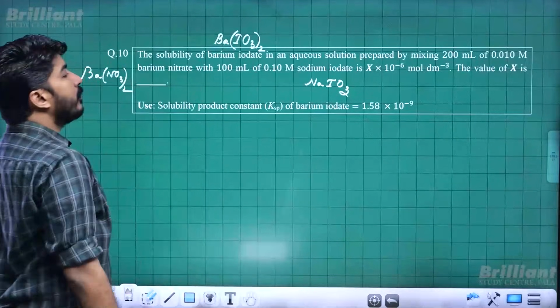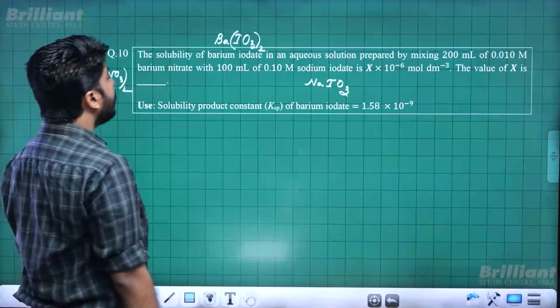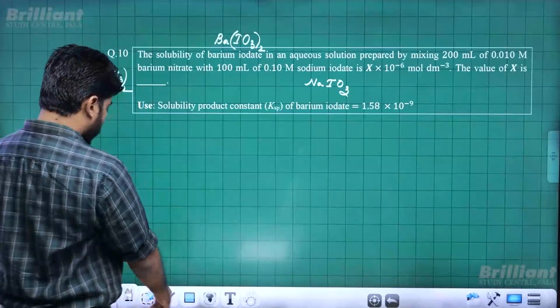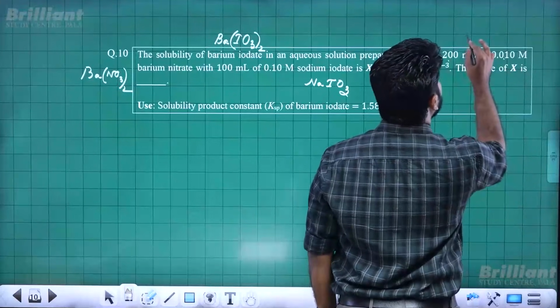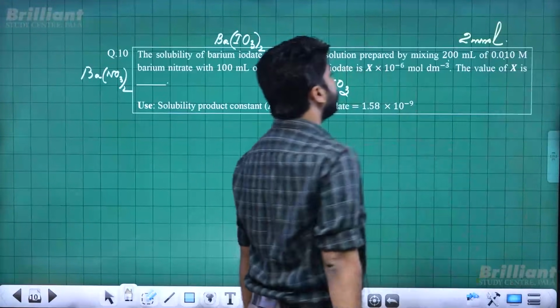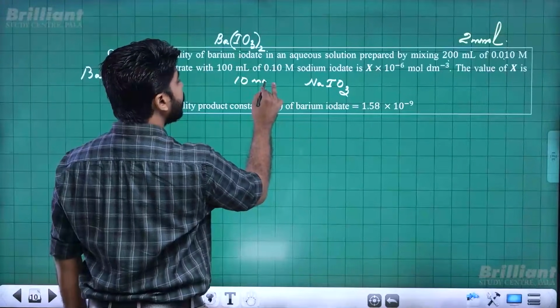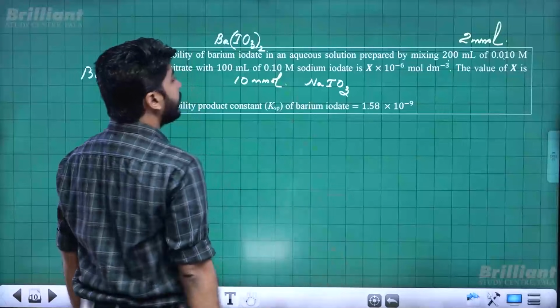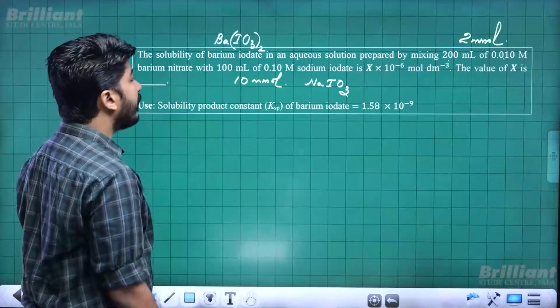Now, we have basically mixed barium nitrate with sodium iodate. How many moles of each? This is 2 millimoles of barium nitrate with 10 millimoles of sodium iodate. So, barium nitrate is the limiting reagent here.